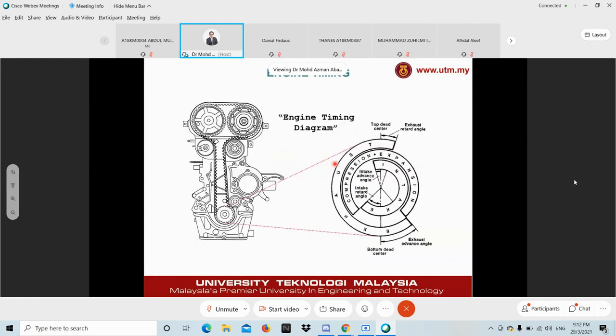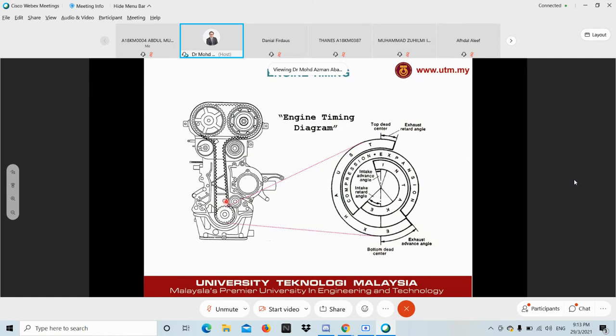But in order for us to put this timing, valve events, piston position, crank rotation into a description, we use what is called the engine timing diagram. Engine timing diagram always refers to your crank rotation.